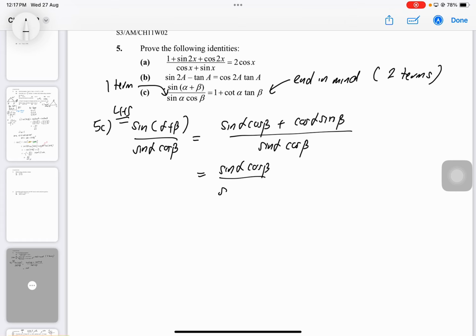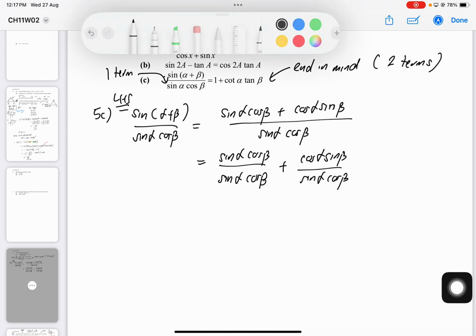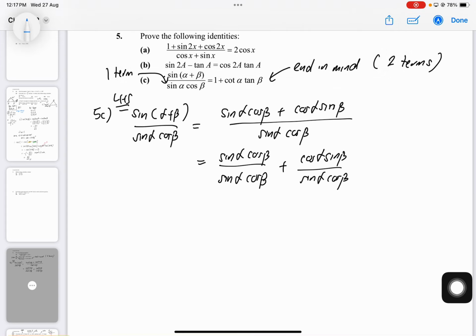With the common denominator, you just split: cos alpha sine beta over sine alpha cos beta. If you don't get it, I will show you a simple example at the side, i.e. 1 plus x over x. This is the same as 1 over x plus x over x. Agree with me? I'm just splitting it up.